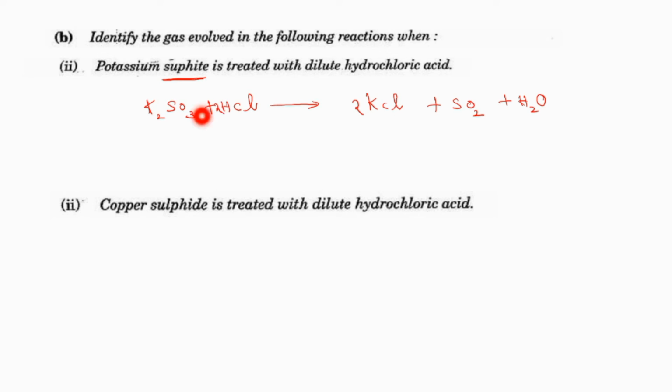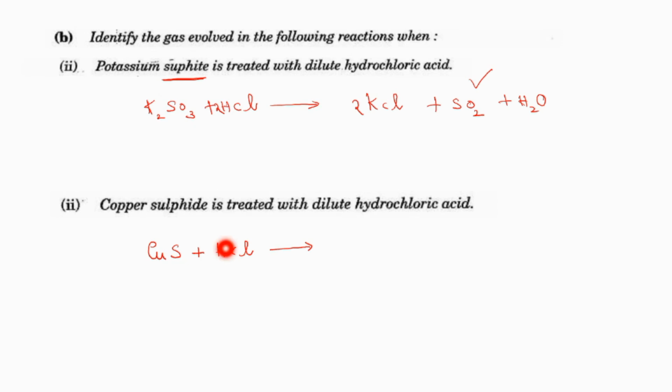They are asking what will be the gas evolved as a result of the reaction. So, which is a gas evolved? The gas evolved is sulfur dioxide. Got it? Yes. See this one, copper sulfide is treated with dilute hydrochloric acid. What is the formula of copper sulfide? CuS. When treated with dilute hydrochloric acid, how to predict the product of the reaction?